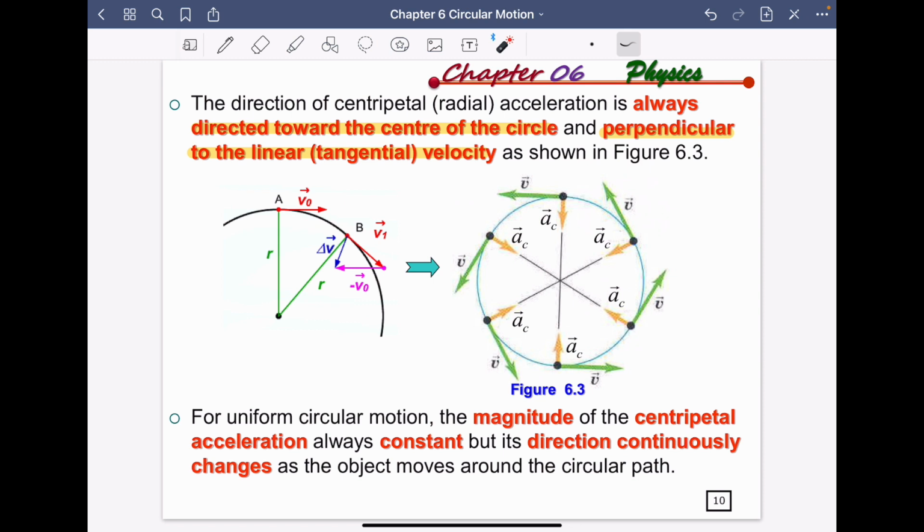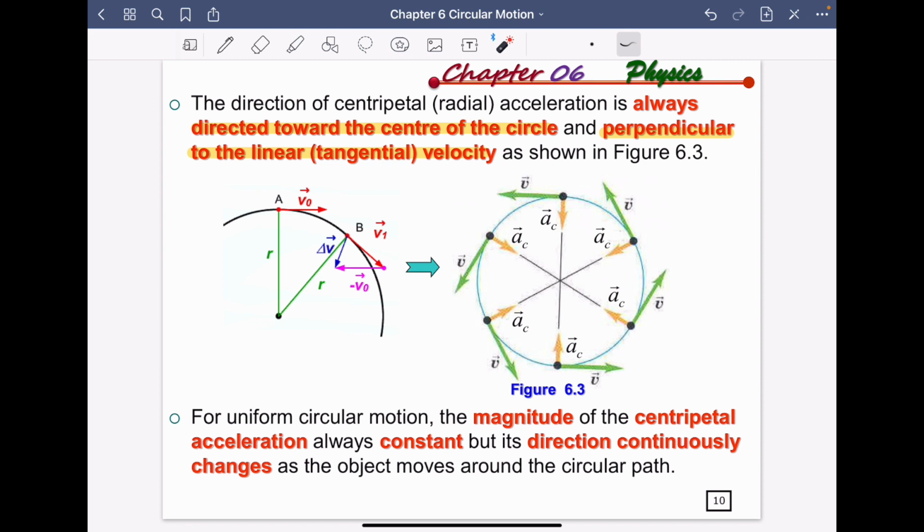Okay, in a uniform circular motion, the magnitude of the centripetal acceleration is always constant, but its direction continuously changes as the object moves around the circular path. Macam kita dah belajar chapter 2, kita belajar mengenai bila changing velocity adalah constant acceleration.